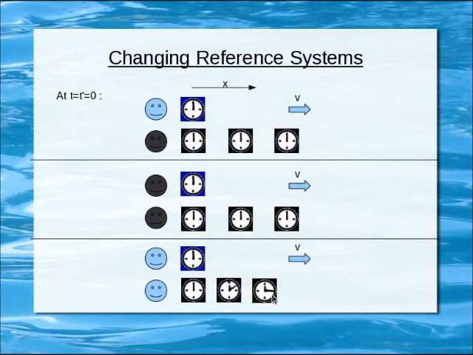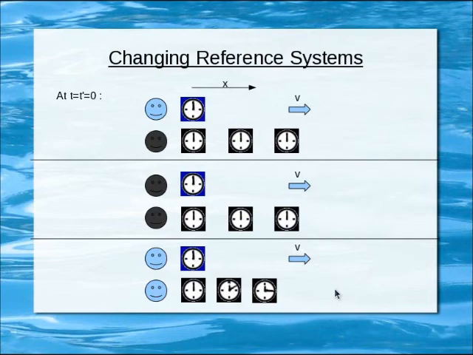So t prime gets more and more negative towards the right. That means that in the moving system, the black clocks strike 0 at negative t prime. That means that at t prime equals 0, they have already struck 0 time in the past, and thus their current indication is positive time and growing towards the right.